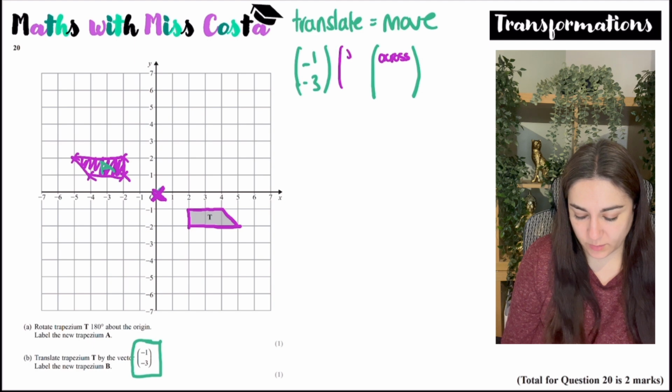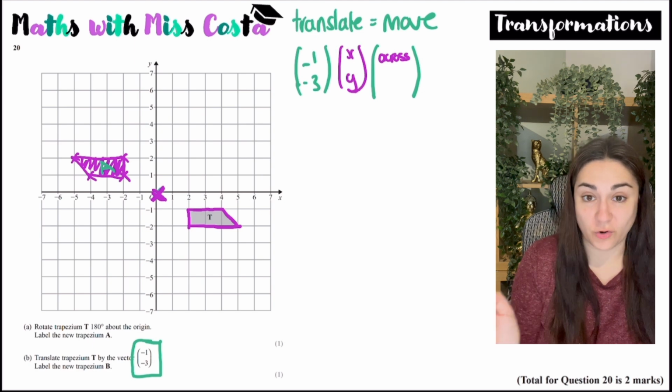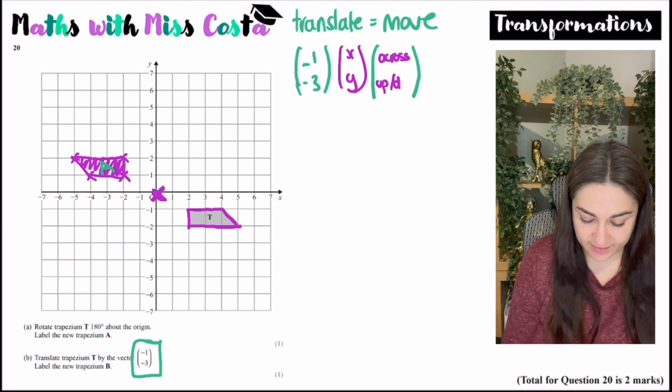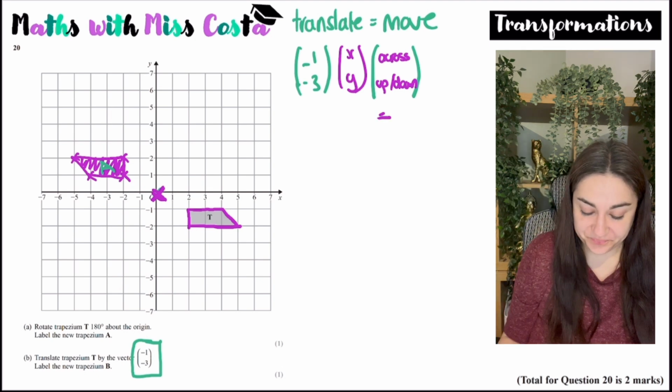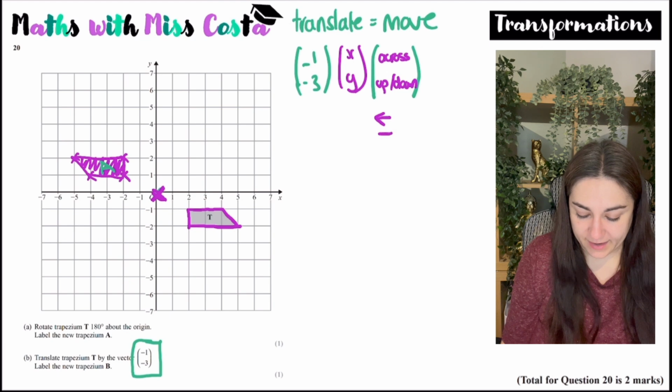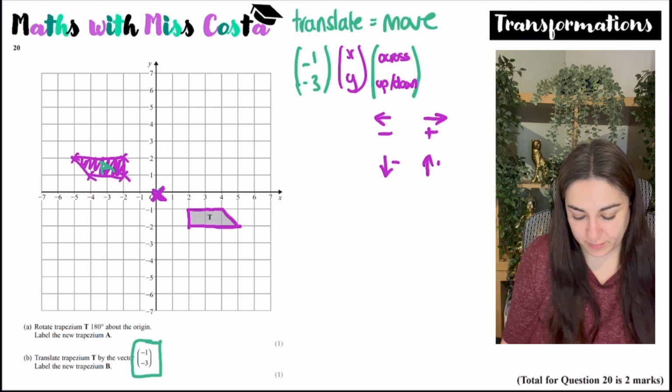So your x coordinate, or how much it moves across along the x-axis, and the bottom number is how much it moves up or down. So if it's going left, it's going to be negative. If it's going down, it's going to be negative. If it's going right, it's going to be positive. If it's going up, it's going to be positive.